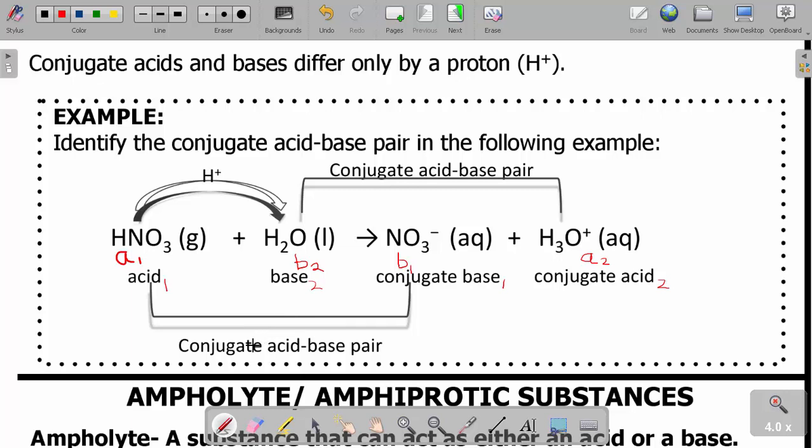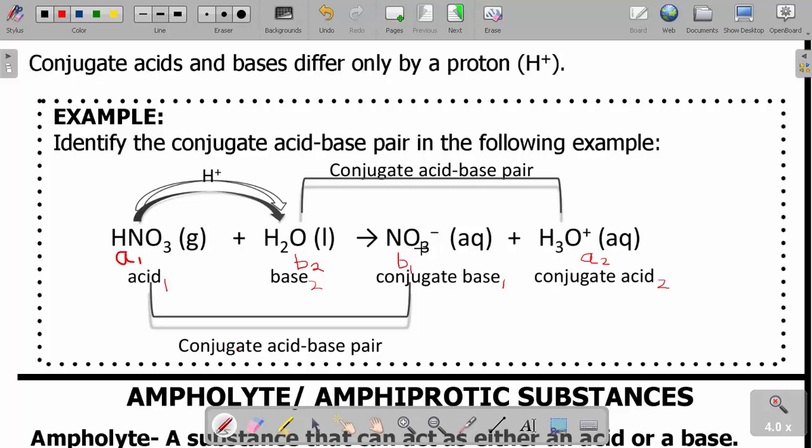However, the question can also ask only for the acids. If they say identify the acids, you look for A1 and A2. That means HNO3 together with H3O plus. The question can also ask for the bases only. In this case, identify B2 and B1, so this is H2O and NO3 minus.